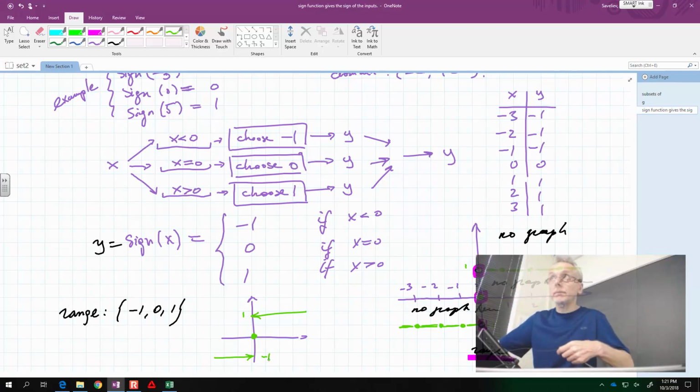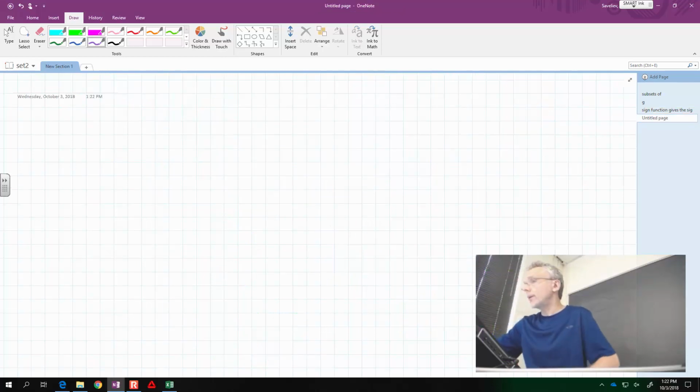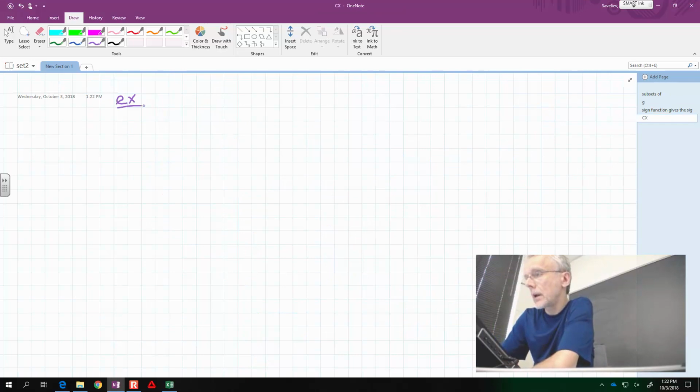So any questions about this? Okay, so let's move on to a function that you may have seen before, and that is the absolute value.